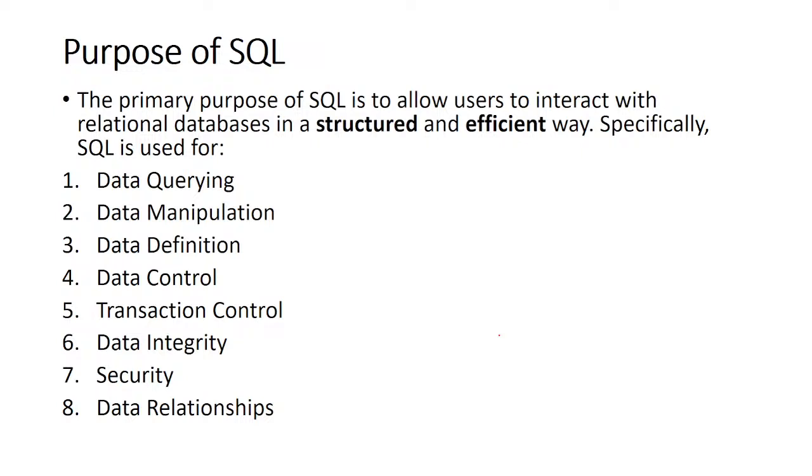Data querying means you can use a SELECT statement to retrieve specific data from the database. For example, you have an employee table and you want to select employee records where age is greater than 30. Then you can write SELECT star FROM employee WHERE age greater than 30. With that query, SQL allows querying complex databases, filtering, aggregating, and displaying data.